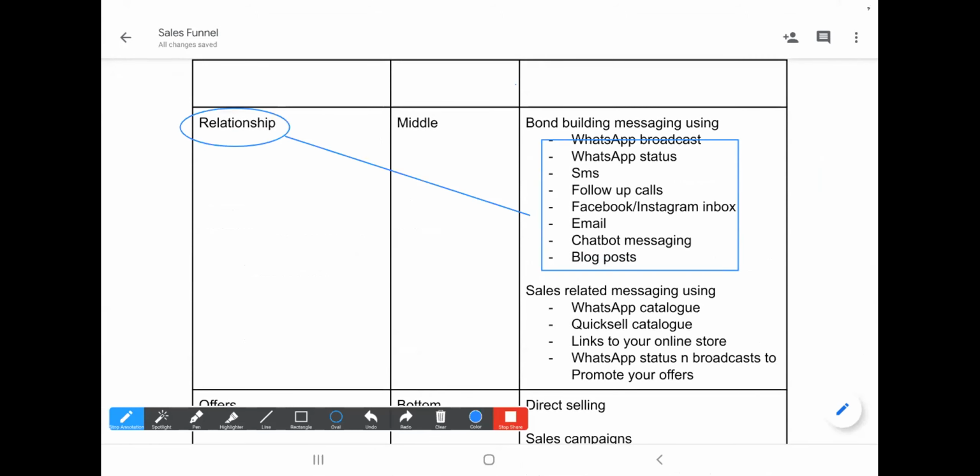Yes, at this second stage here, where we have WhatsApp broadcast and WhatsApp status updates, SMS, follow up on Facebook, Instagram, email, chatbot, blog post. Guys, this is what I would like you to take note of.